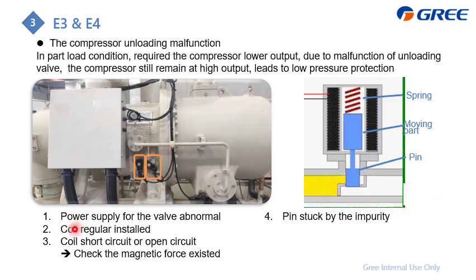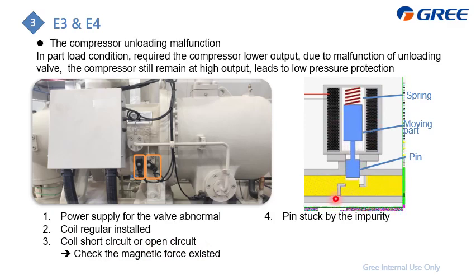First is the power supply for this valve, whether it is abnormal or not, to check whether it can get the power. And the next is whether the coil is installed okay or not. And the next is that the coil may be short circuit or open circuit, which means there's no magnetic force. So on site you can also check whether there is magnetic force or not to confirm.